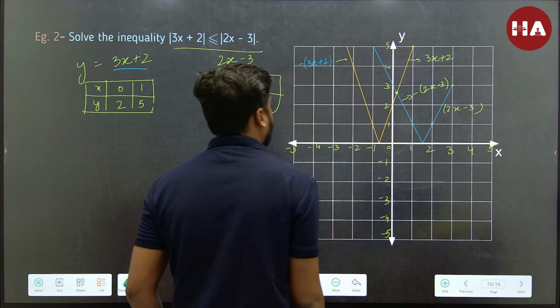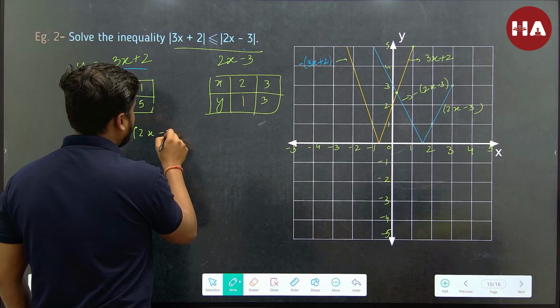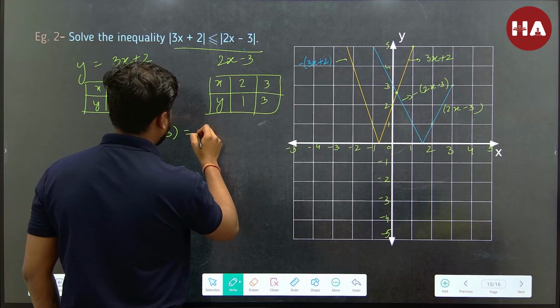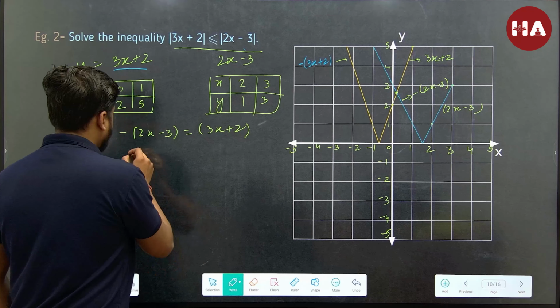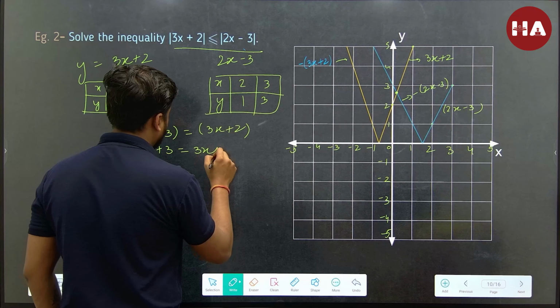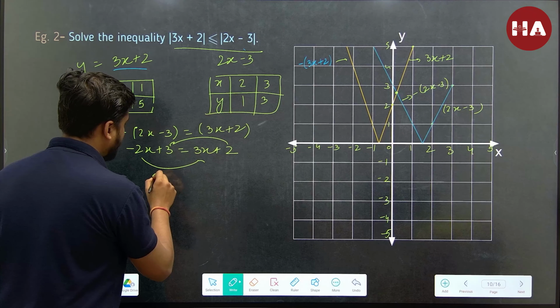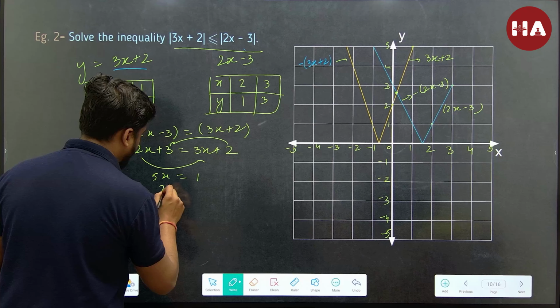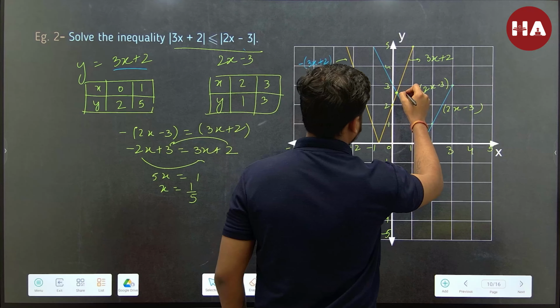Now when minus of 2x minus 3 intersects with 3x plus 2, what will happen? Minus 2x plus 3 equals 3x plus 2. If I shift it there and I shift it here, I'll get 5x equals 1. So x equals 1 over 5. So the x coordinate is 0.2.